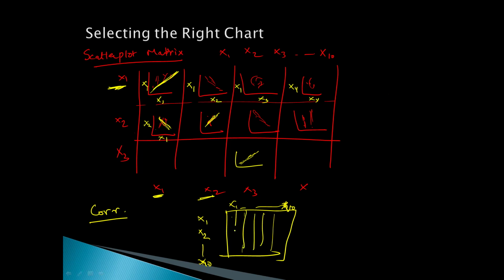It's not that easy to read a 10 by 10 table and identify things. Definitely you can use conditional formatting if you are reading it in Excel, and that helps you to quickly catch some focus points, the highest correlation, the lowest correlation, or the negative correlation. And the same we can do in any software, we call it a heat map. I'll show you in a while how it looks.